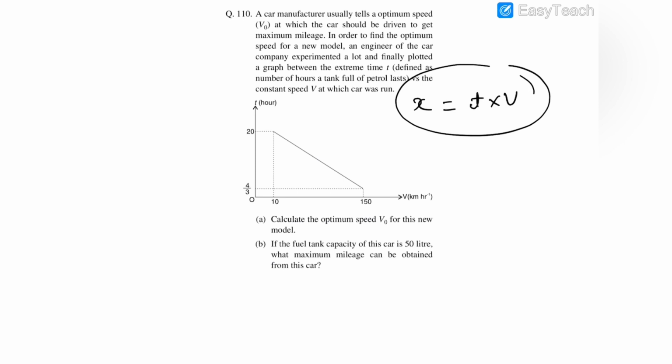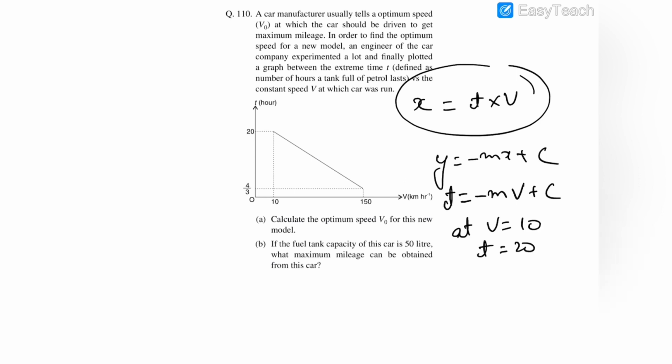So if we write down the equation of this line, then let us write that y is equal to minus mx plus c, where y is time and x is v, so t is minus mv plus c. You can see that at v is equal to 10, time is equal to 20. So 20 is equal to minus m into 10 plus c, or we can say that c minus 10m is equal to 20.